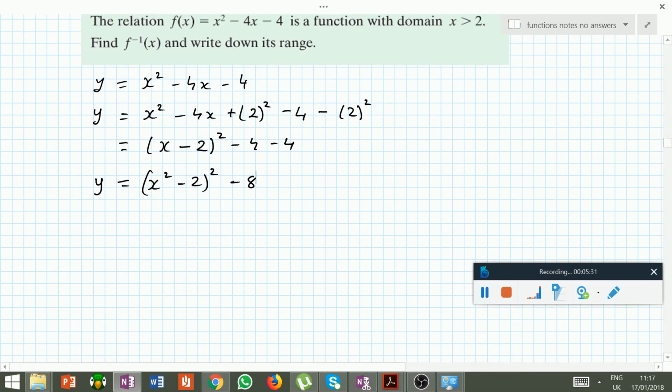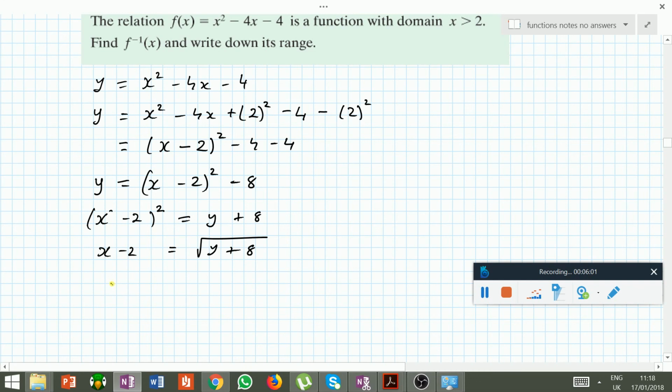Now we swap it around: (x minus 2) squared is equal to y plus 8. Now we take the square root of this side, x minus 2 is equal to, and the square root of this side, y plus 8, only taking the positive square root.